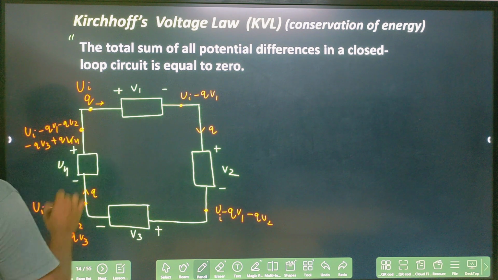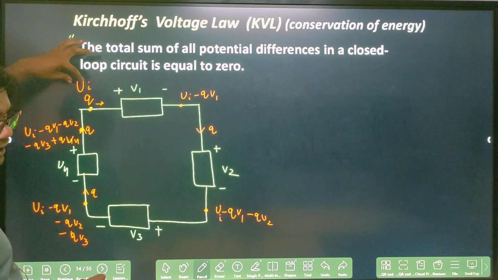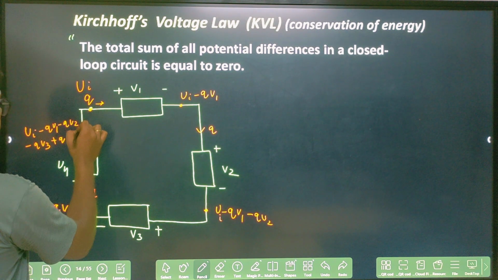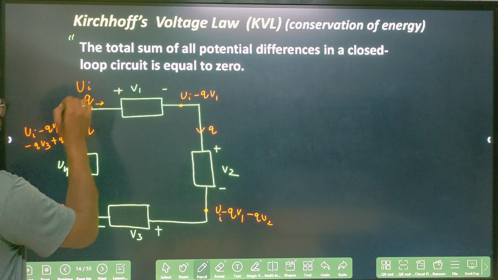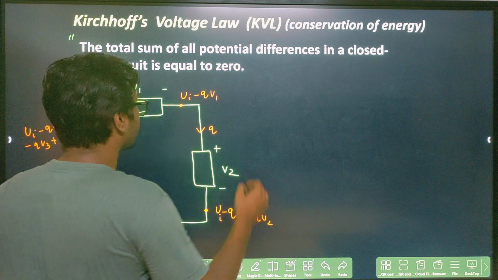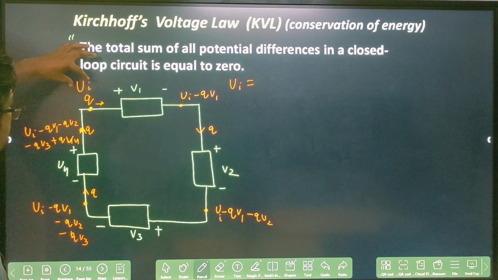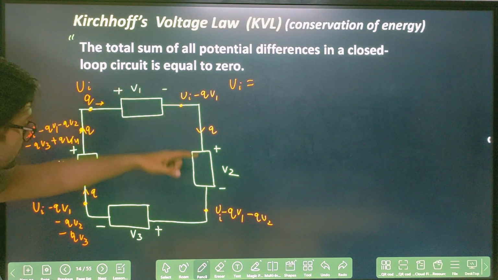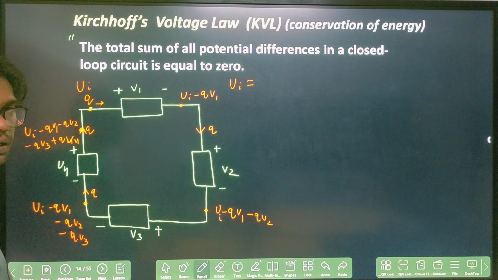QV4, right? So whatever the potential energy of the charge here, the same potential energy is here because it is connected here, right? The charge is moving like this. So whatever potential energy here, the same potential energy here. So what can I write? I can say that UI is equal to, see here initially it is potential energy UI. It is moving along this direction, it is reaching here, so it has the same potential energy, right?